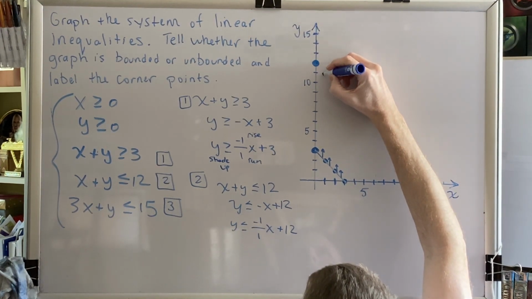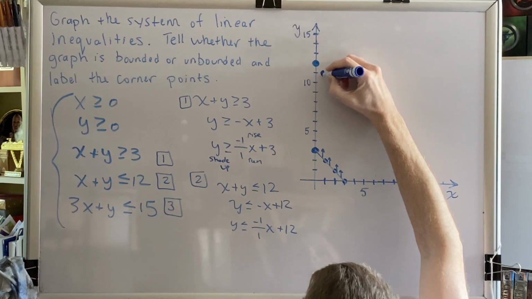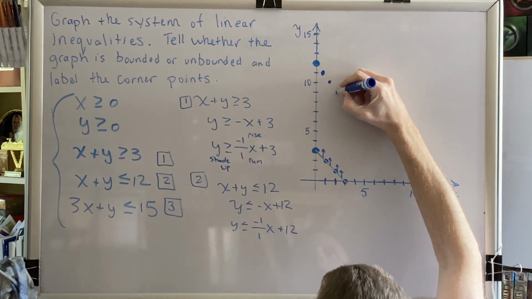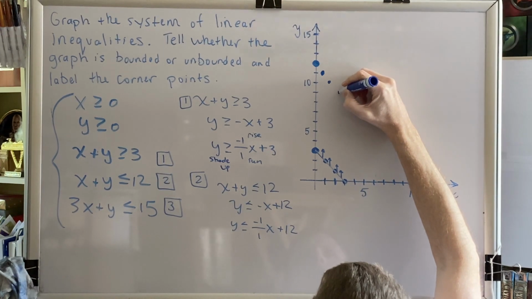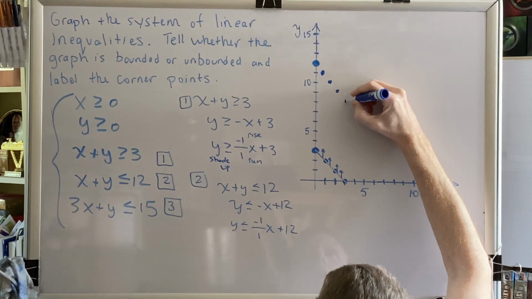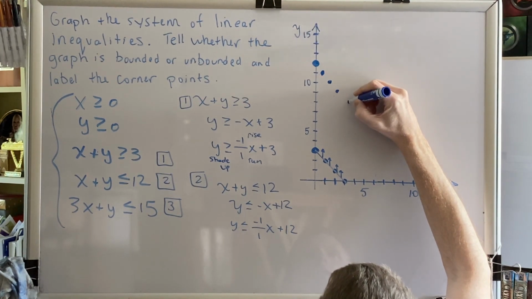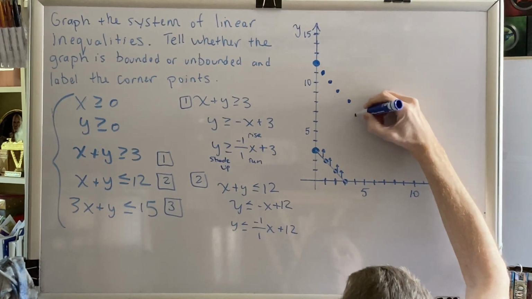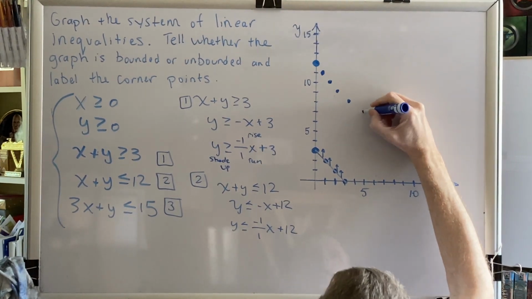We're now at coordinates 11, 1. Down 1 and 1 to the right, we're at coordinates 10, 2. Then 9, 3. Then 8, 4. Then 7, 5.